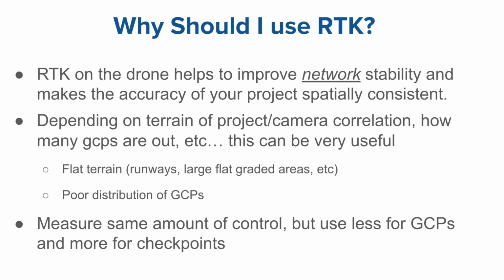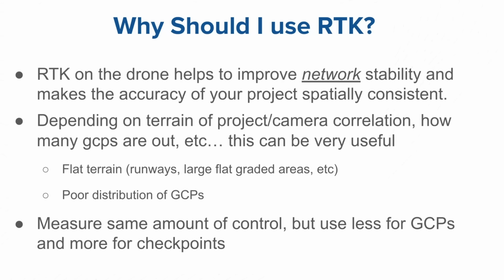Really what you're gaining is consistency. You're much less dependent on the spatial distribution of your control points. You just end up with much more consistent data, and it allows you to really focus on checking the data quality, using checkpoints and validating the accuracy of your map.